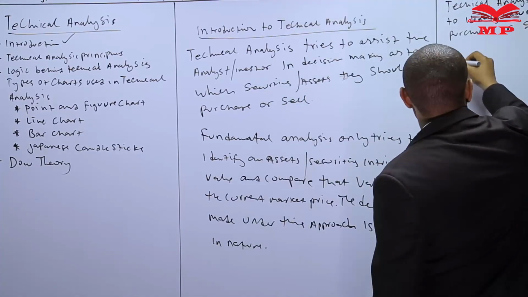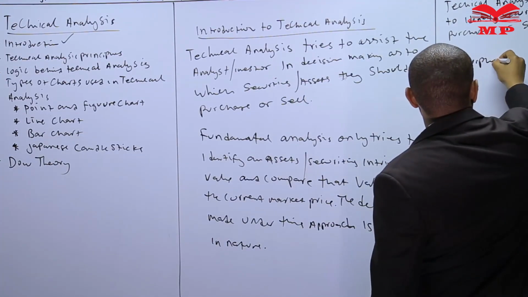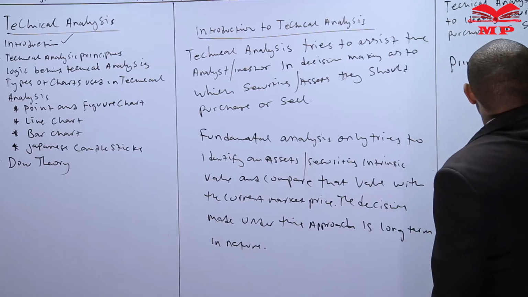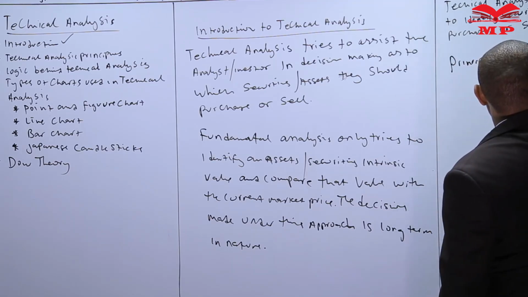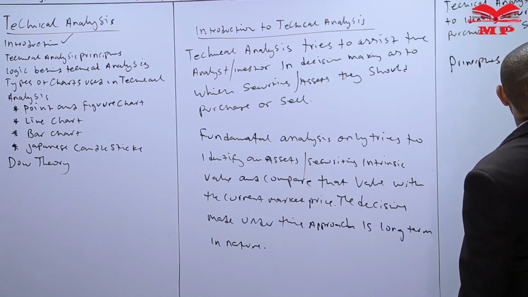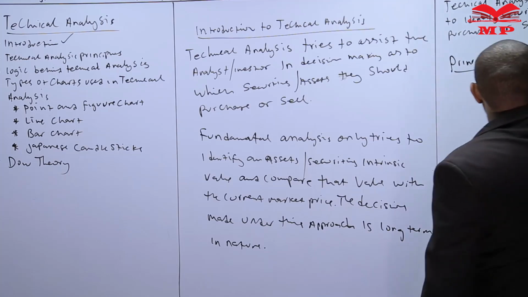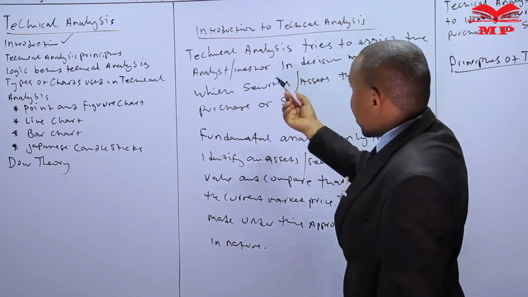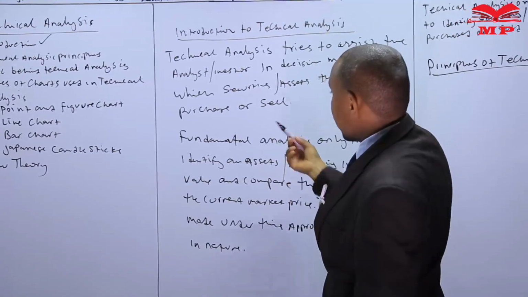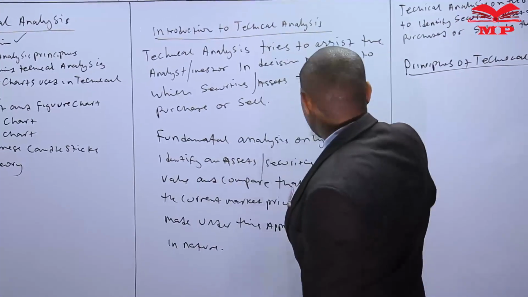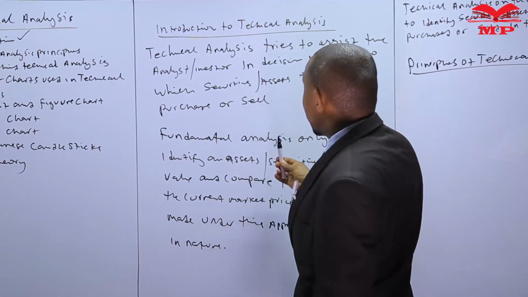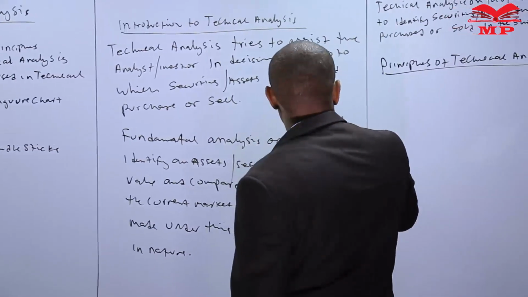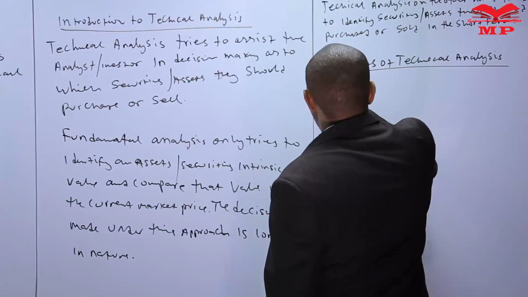So we say principles of technical analysis there. Now, having looked at and understood the introduction, or the mechanics behind fundamental analysis and technical analysis, the first principle states like so, that prices are determined.